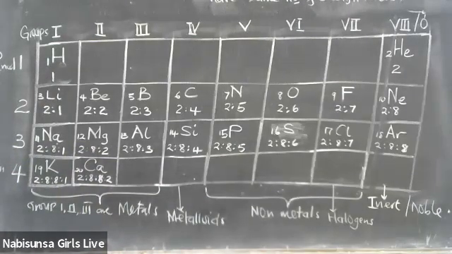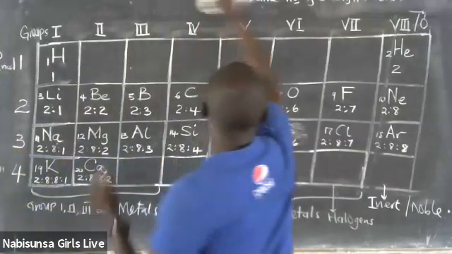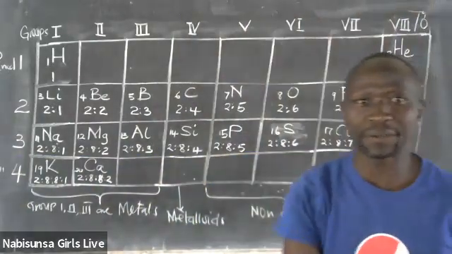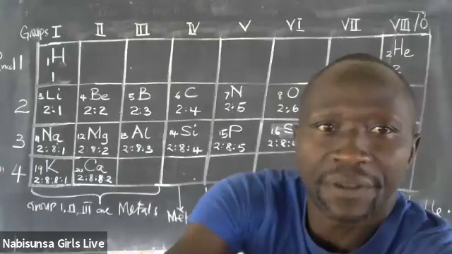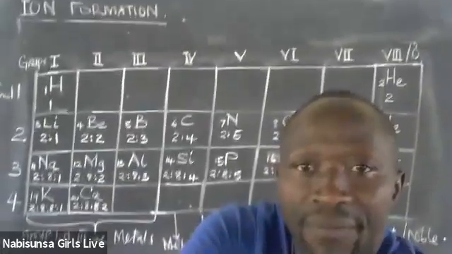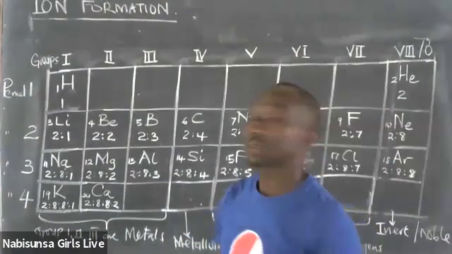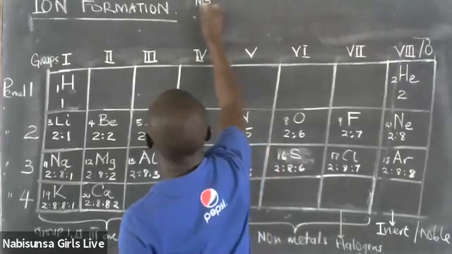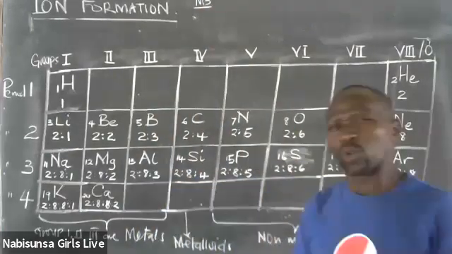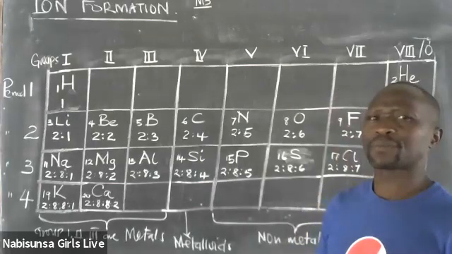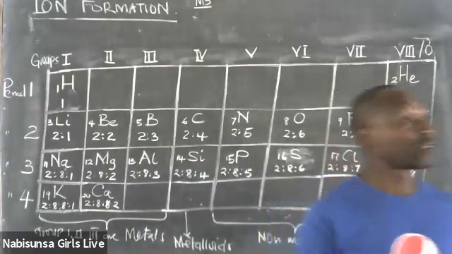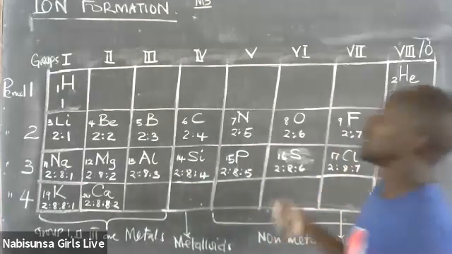We shall note one more thing only. We are going to note one thing, and I'll jump to something else. NB. In between group 2 and group 3, if you are asked to draw a new periodic table, you leave space in between.